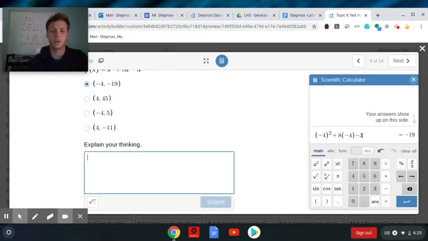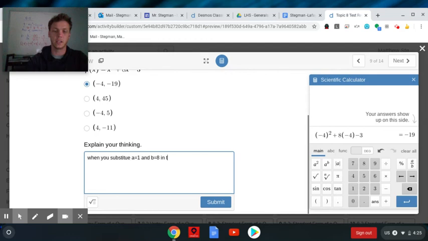So what I'm looking for is when you substitute a equals 1 and b equals 8 into the formula, you get negative 4. Then you have to substitute negative 4 into the original equation to find the y value.